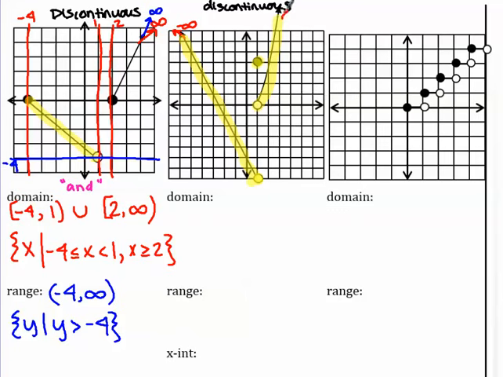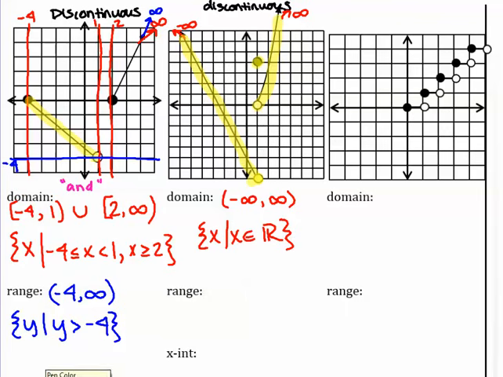So this side of the graph is going to continue going over to the right to positive infinity. So my domain for this is going to be -infinity to positive infinity. And as we said earlier, the way we write that in set notation is the set of all x's such that x is an element of the real numbers.